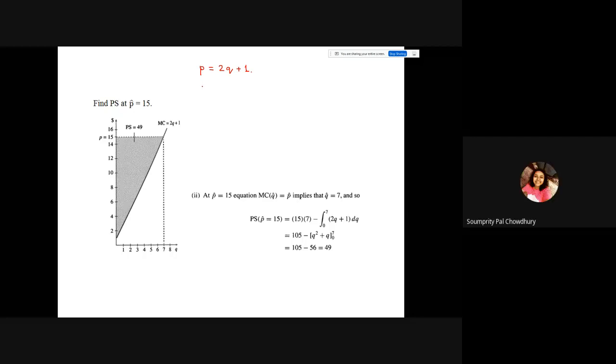P minus 1 by 2 equal to Q. Or we can write this as P by 2 minus half.